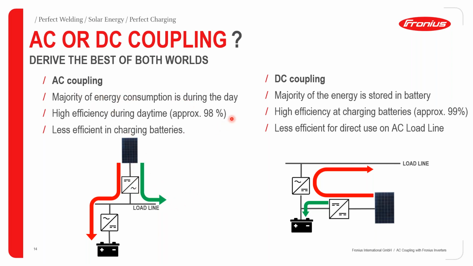The majority of energy consumption should be during the daytime, because you want to optimize the efficiency of the PV string inverter. As most of you know, Fronius inverters operate at above 98% efficiency, so all the DC power generated by the PV array is converted at a very high efficiency level and directly fed to the loads.